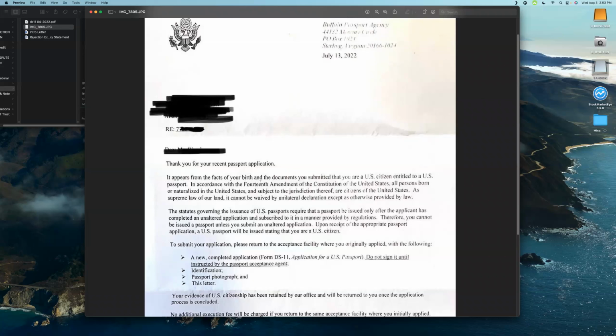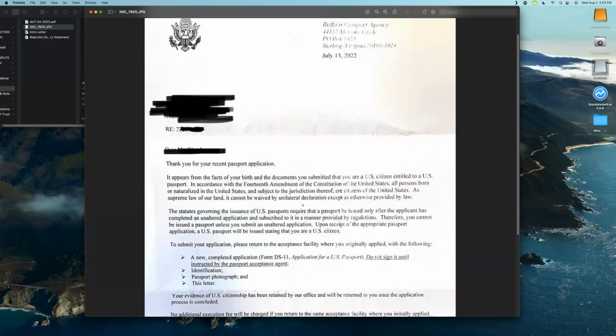"In accordance with the 14th Amendment of the Constitution of the United States, all persons born or naturalized in the United States and subject to the jurisdiction thereof are citizens of the United States. As supreme law of our land, it cannot be waived by unilateral declaration, except as otherwise provided by law."